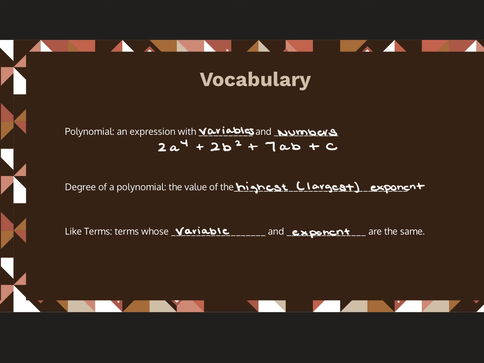So for example, we know that 2x and 5x are like terms. We know that 2xy and 14xy are like terms. A cubed and 2a cubed. So you can see in all these examples, the variable is the same as well as the exponent.